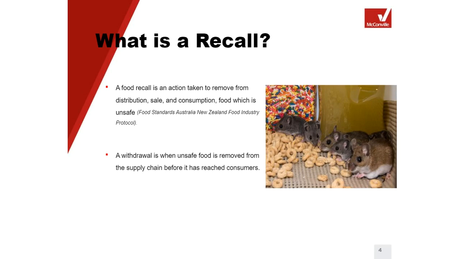So it will either be a trade level recall or a consumer level recall. And the type of recall is going to depend on the type of product, where it's been sold, and the reason for that recall. So a trade level recall involves the recovery of product from distribution centres and wholesalers.